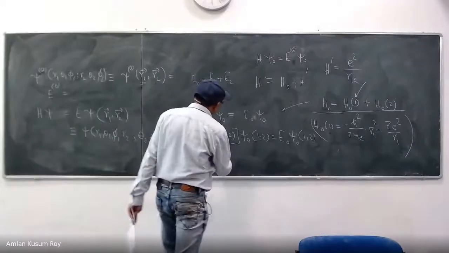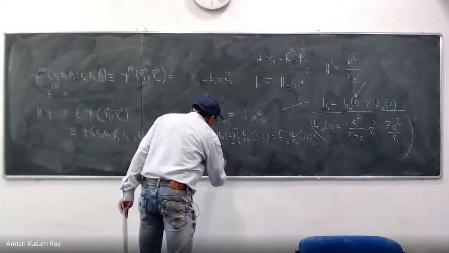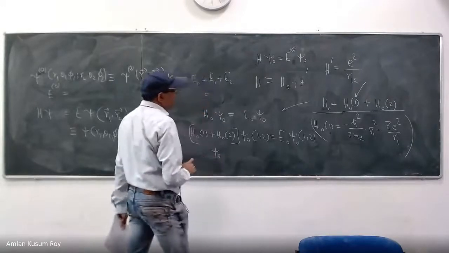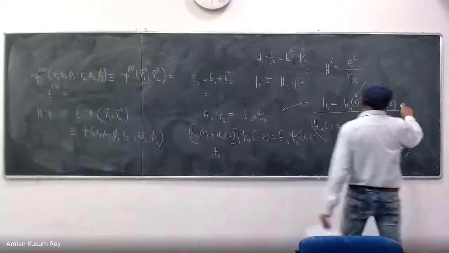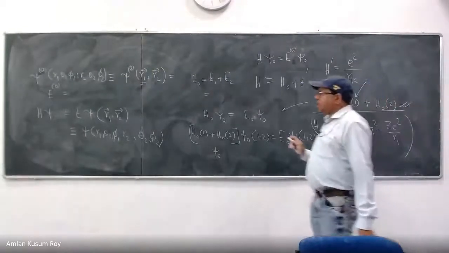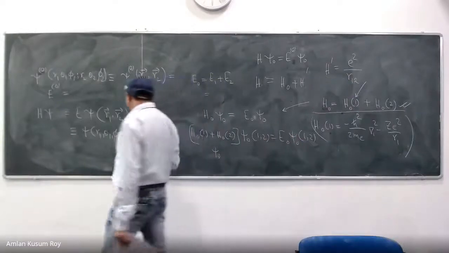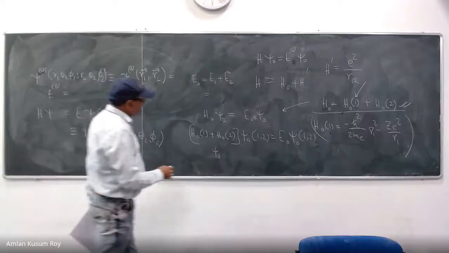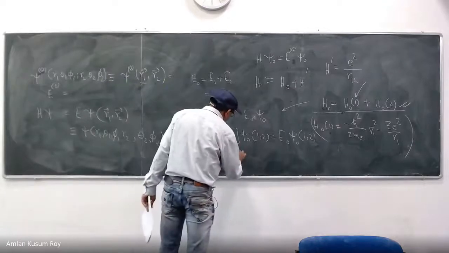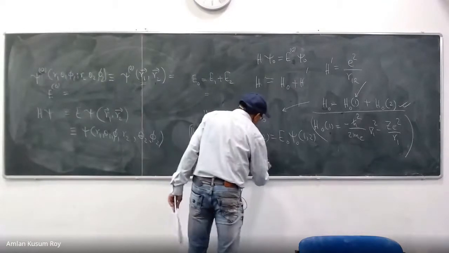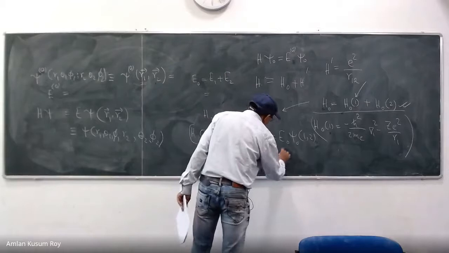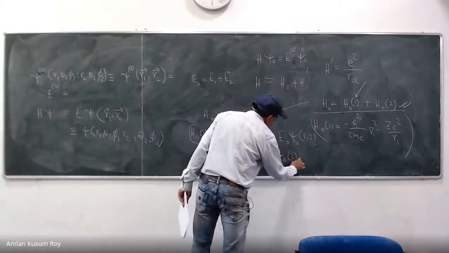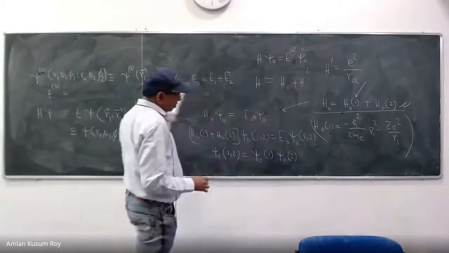And okay, what is psi 0? If your Hamiltonian is written like this, psi 0 will be psi 1 into psi 2. So psi 0, 1, 2 is equal to psi 0, 1 into psi 0, 2, because you have written this as a product function, right?